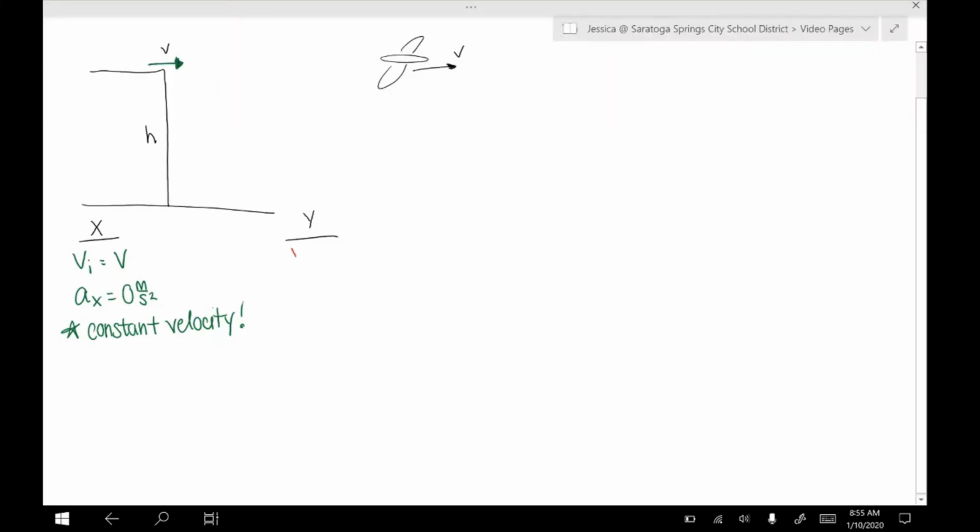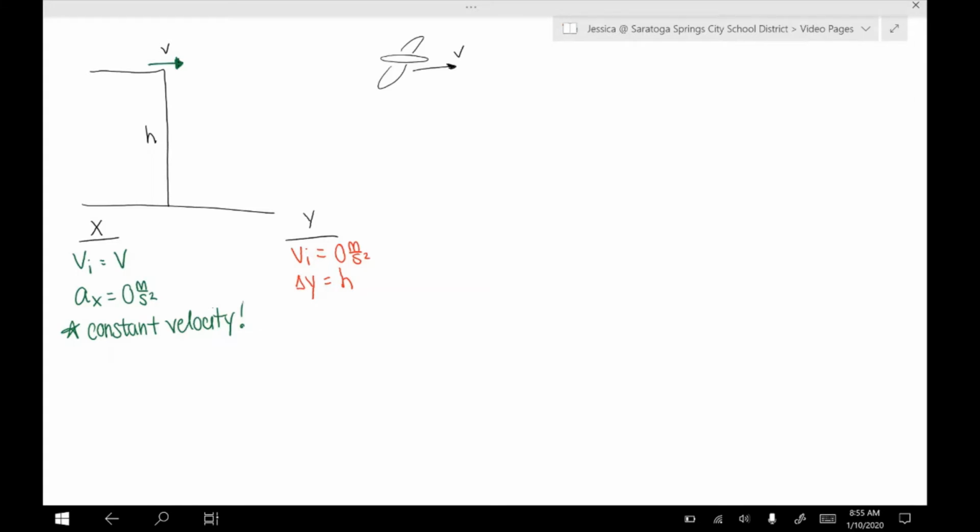In the Y direction, because this object is launched horizontally, the initial Y direction velocity is going to be 0. So initially in the Y direction, we are at rest. We also know that our change in displacement for the Y direction is whatever the height of the cliff is, h. Again, the other thing that we know in the Y direction is something that we need to assume, or something that we can figure out.